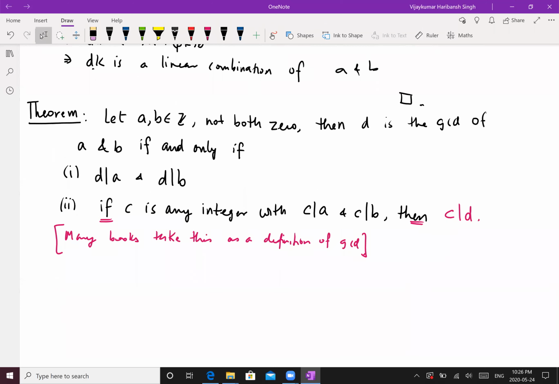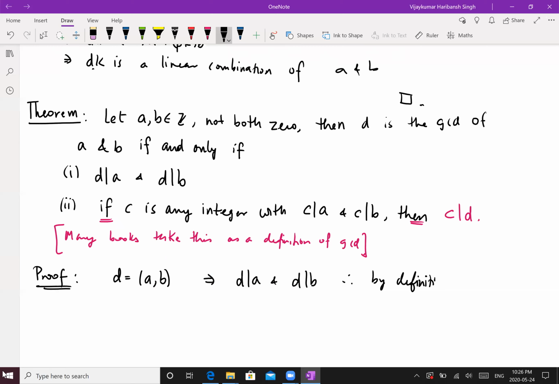Proof is pretty straightforward. Let D be the GCD of A and B. Therefore, D divides A and D divides B. That is by definition, because after all, it's a common divisor, greatest, but still a common divisor.